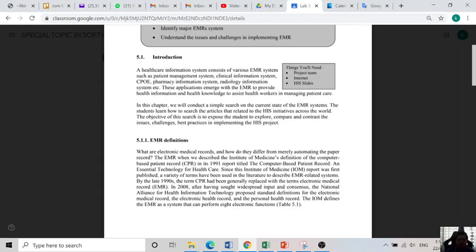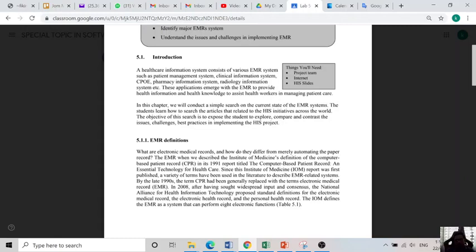The reason I ask you to do this is to explore what other researchers or other countries, in other hospitals, their best practices are in implementing the EMR or HIS in their country.